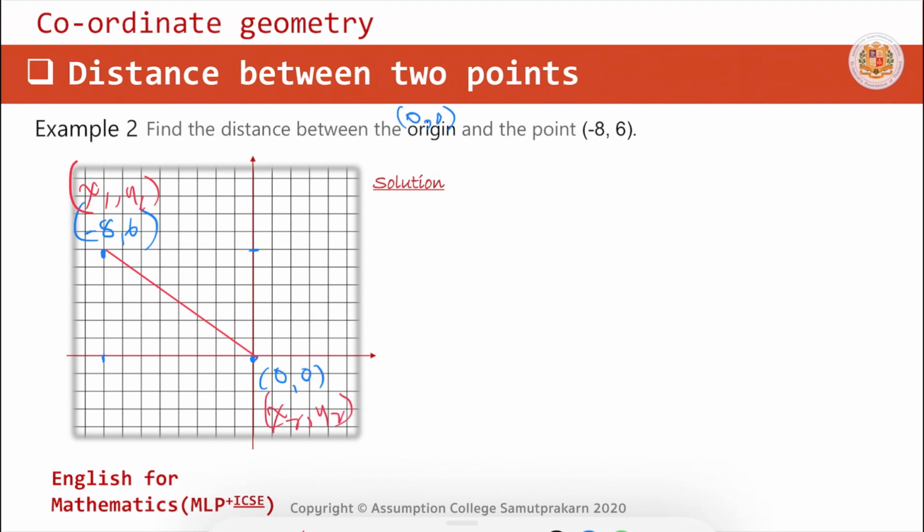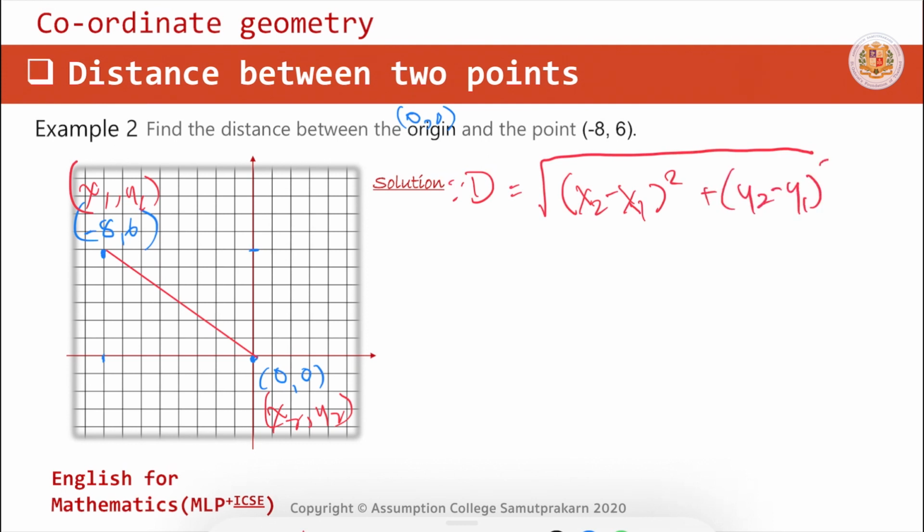So the distance between these 2 points is equal to, since the distance formula, just like the first example, the square root of x2 minus x1 squared plus y2 minus y1 squared, right?